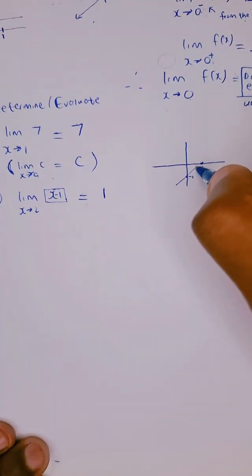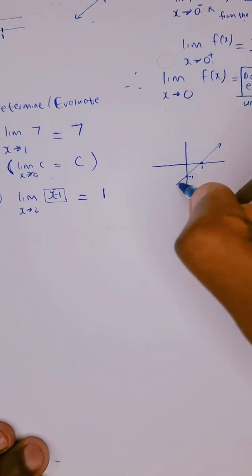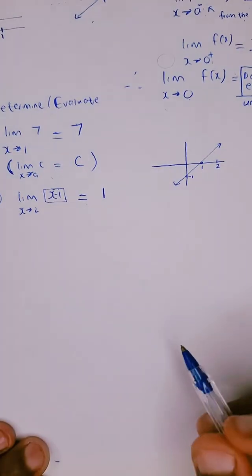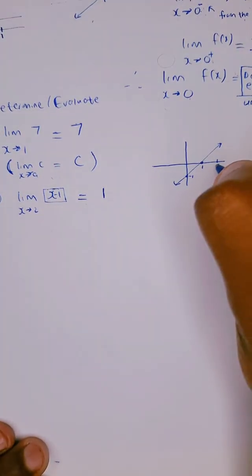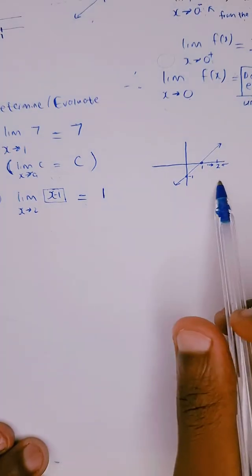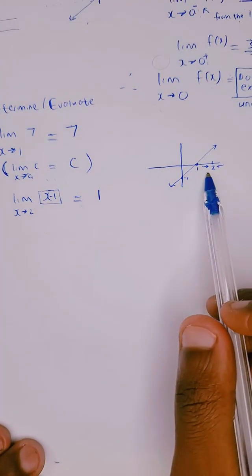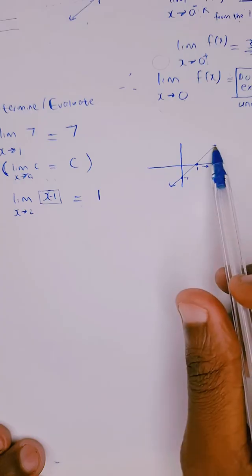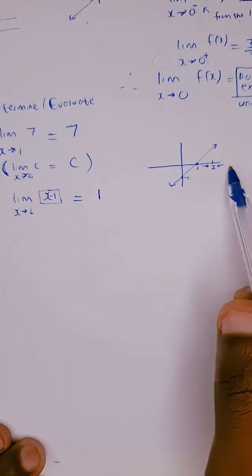So we draw the sketch of the function. Of course, we know that somewhere there is x is equal to 2. Our interest is from the left and from the right. As we approach this value of 2, what y value is actually being approached at the same time? What is the limit?